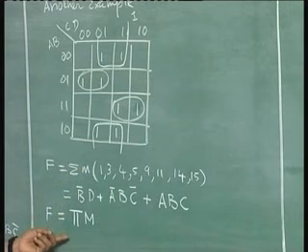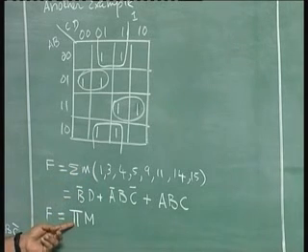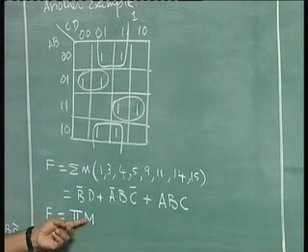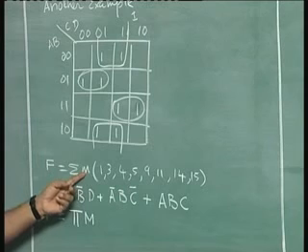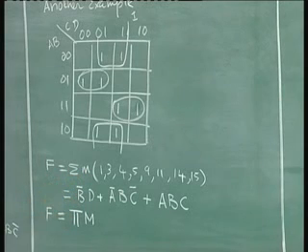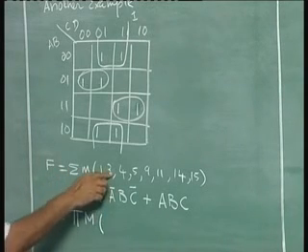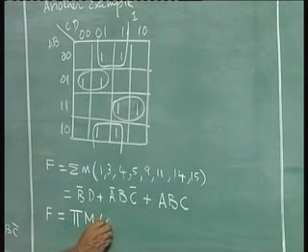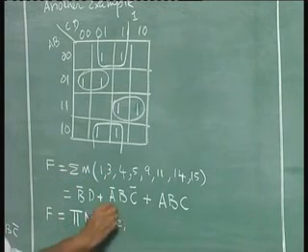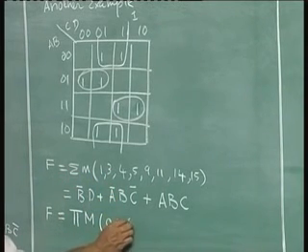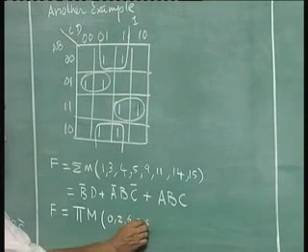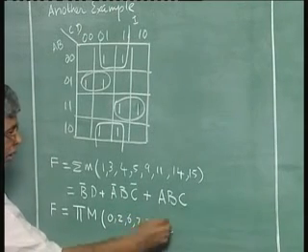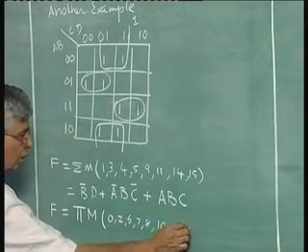This is a product of sum, so we will put a product, which is a pi. Capital M for max terms, small m for min terms. So what are the max terms that will be there? Whatever term is not here will be a max term. So there will be 0, 2, 3, 4, 5, 6, 7, 8, 10, 11, 12, 13.